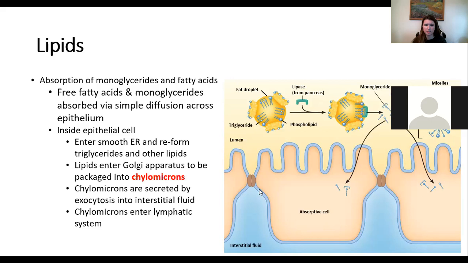So here we see an absorptive cell, so a cell that can absorb stuff, lining the lumen of our GI tract. And because fatty acids are nonpolar, we remember that the reason we needed channels and all sorts of proteins in the membrane of a cell was because polar molecules and charged ions can't get across a cell membrane.